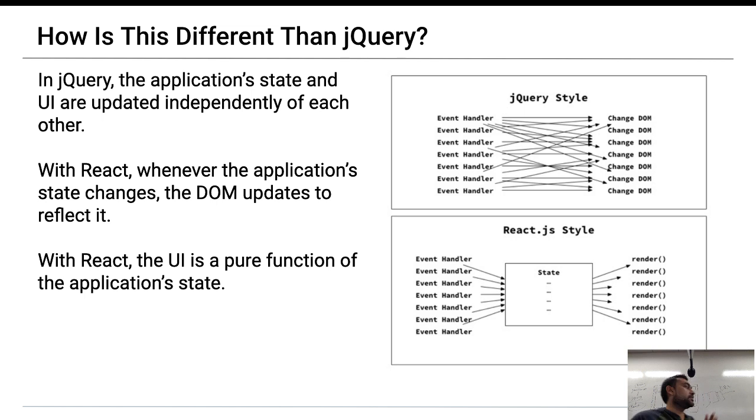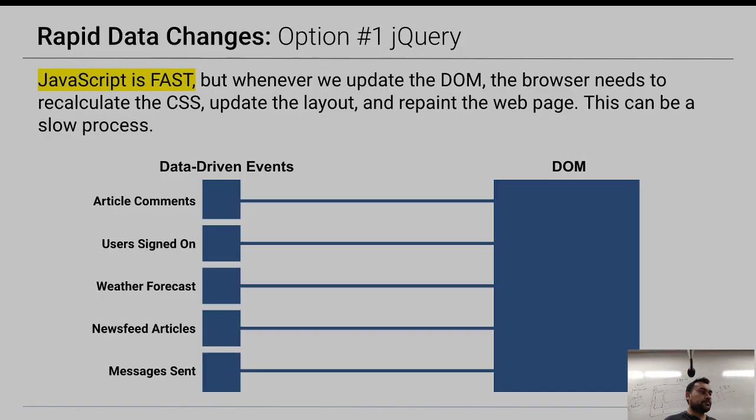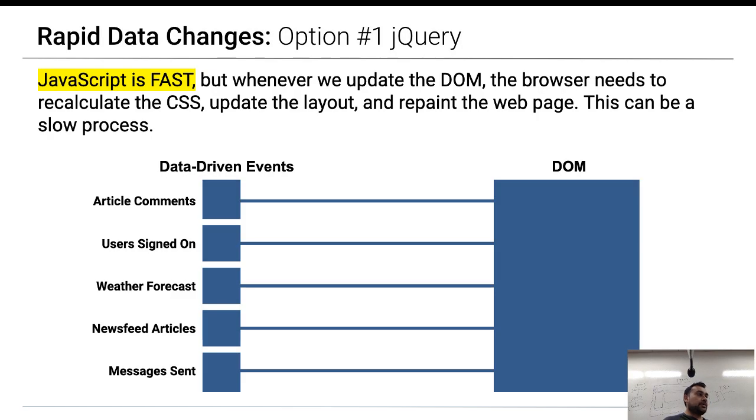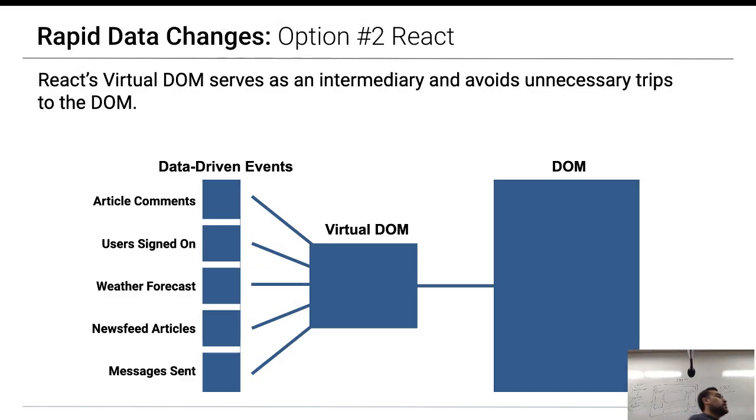That's what jQuery does. React does something different. Instead of directly modifying the DOM, React creates another DOM in memory, and it's called the virtual DOM, or VDOM.